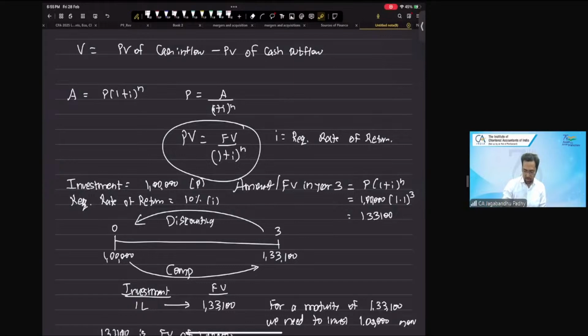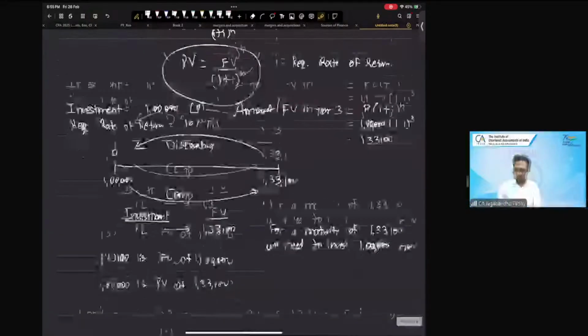So the rate of return for that company is going to be higher. Since the company has a high risk and a high required rate of return, what will happen to the value of the firm? The value of the firm will be less, right?